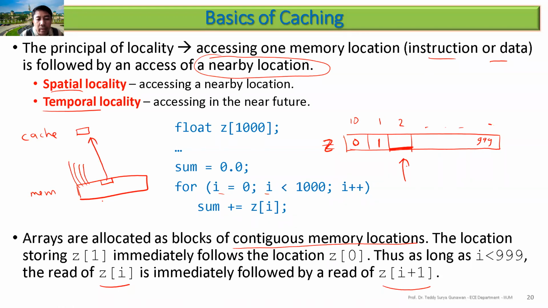So at least you can have, for example, Z0 until Z9, 10 elements of your matrix. You don't need to read Z0, Z1, Z2, Z3 until Z9 separately.